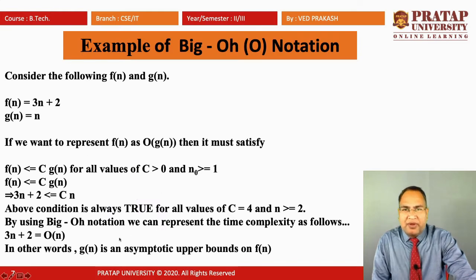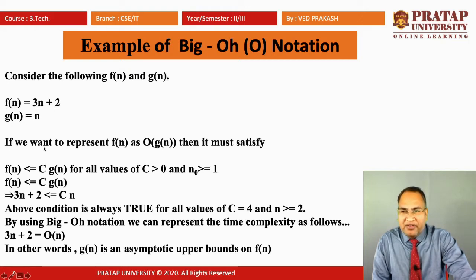Now, we consider an example for understanding the big O notation. Consider there are two functions F(n) and G(n). F(n) is defined as 3n plus 2, and G(n) equals n.